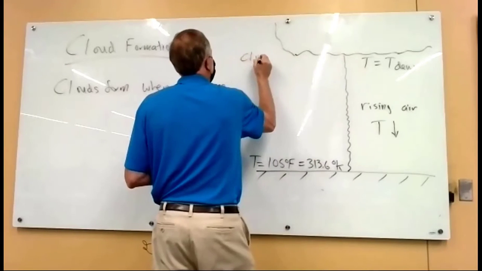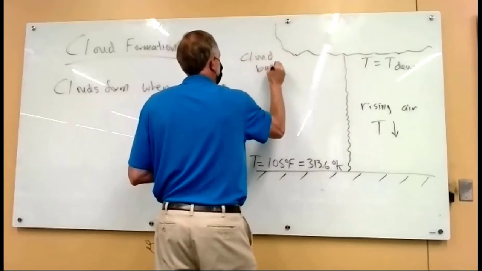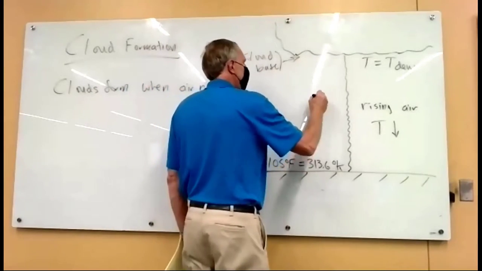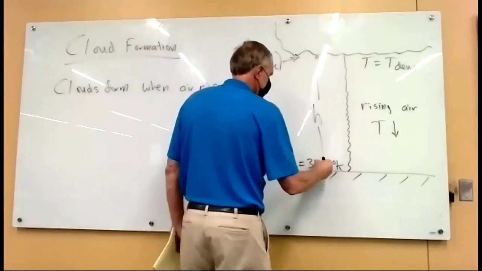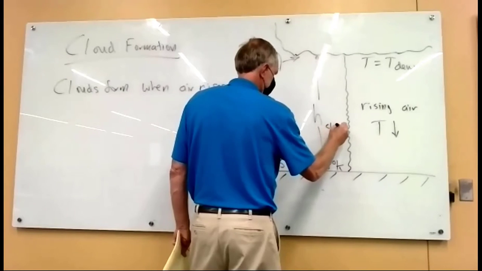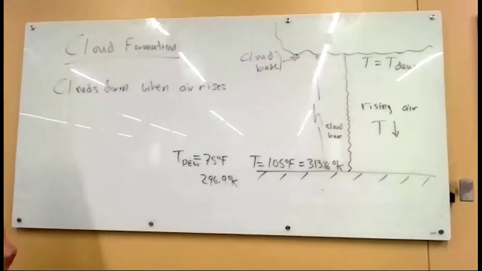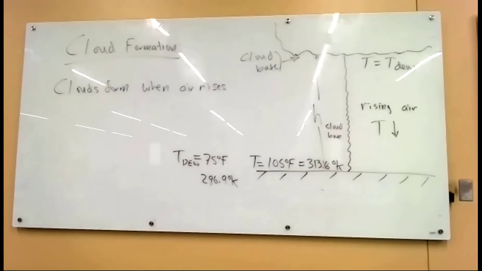So this is the cloud base right there. So we can calculate what that altitude is by taking the formula for how temperature varies and setting the temperature equal to the dew point, and then what altitude that temperature is hit is the base of the cloud.